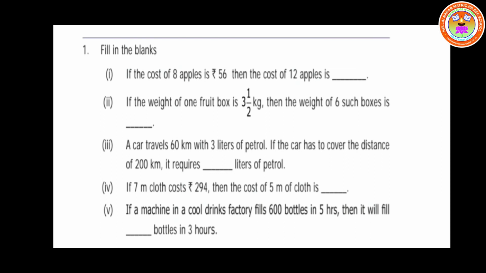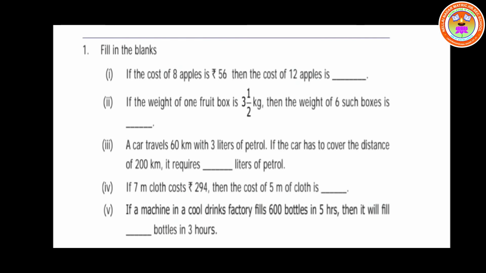What is the weight of 6 boxes? So multiply 7 by 2 into 6. Now cancel in 2 table. 2 3s are 6. Multiply 7 into 3. Your answer is 21. So 21 kg is your answer. Understood, children? If the weight of one fruit box is 3 1 by 2 kg, then the weight of 6 boxes is 21 kg.